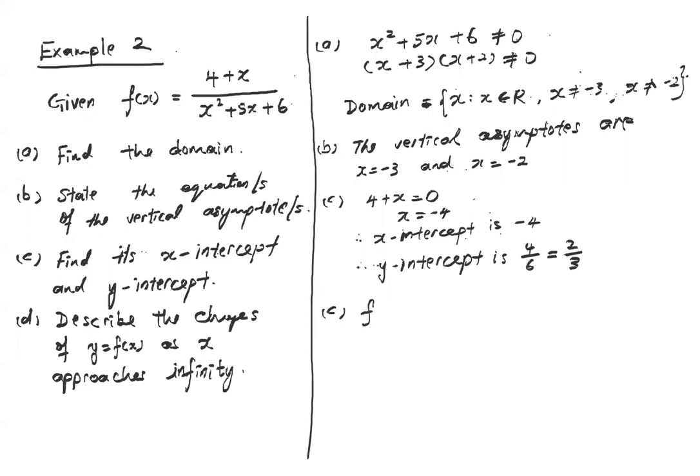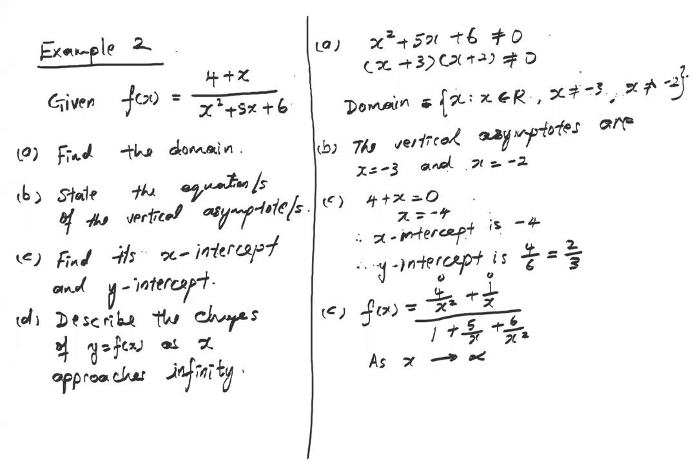So my f(x) will be (4/x squared plus 1/x) divided by (1 plus 5/x plus 6/x squared). As x approaches infinity, this one approaches 0, this one also approaches 0. Agree with me?